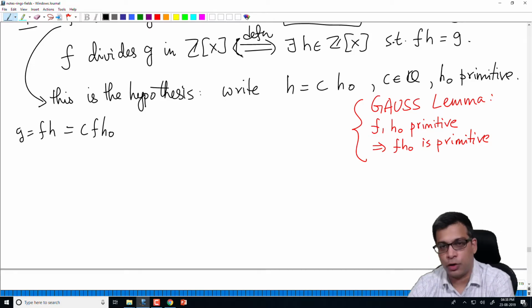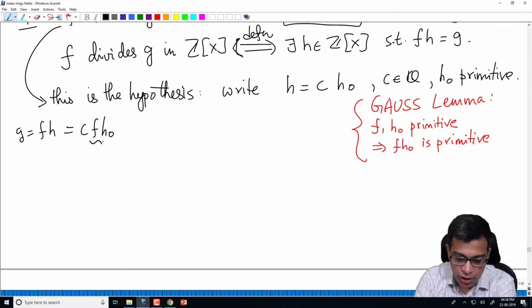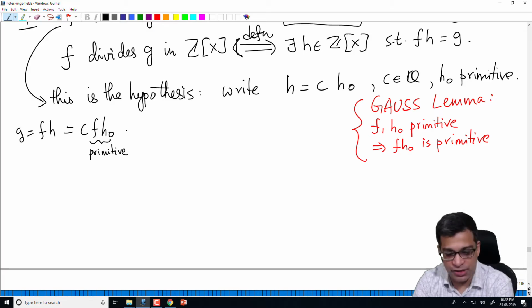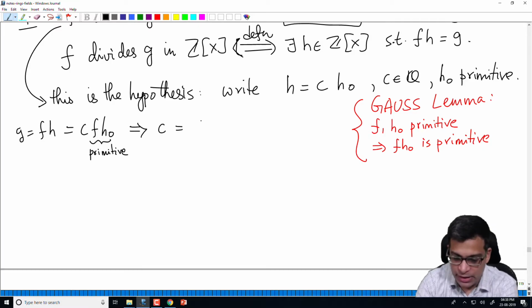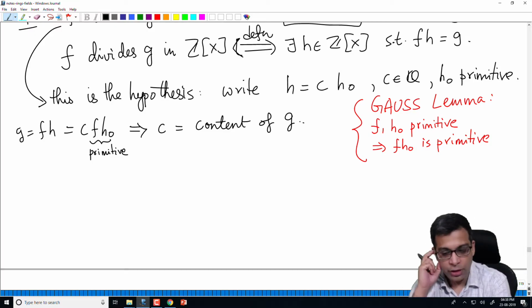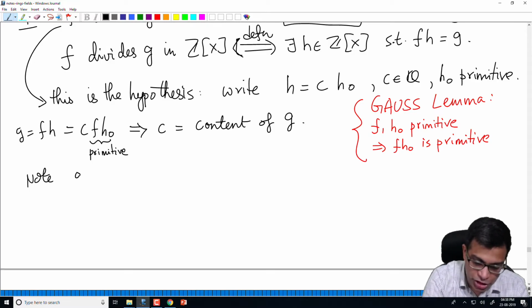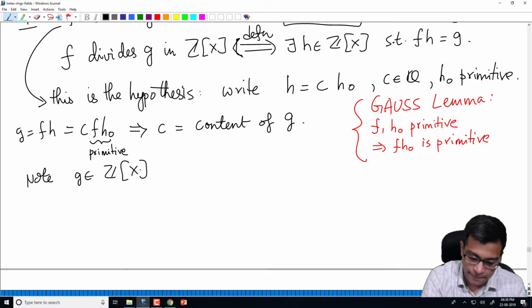So in other words, f h0 is primitive, because h0 is primitive by construction, and f is primitive by hypothesis. So g equal to c f h0 must be the unique expression of g as a rational number times a primitive polynomial. That means c is the content of g.